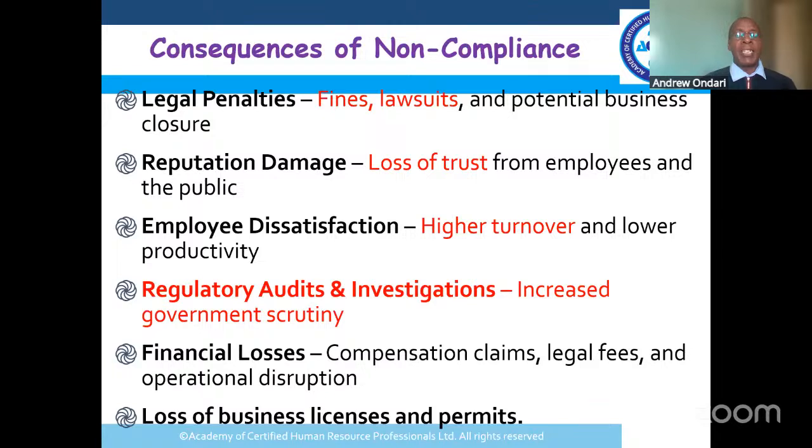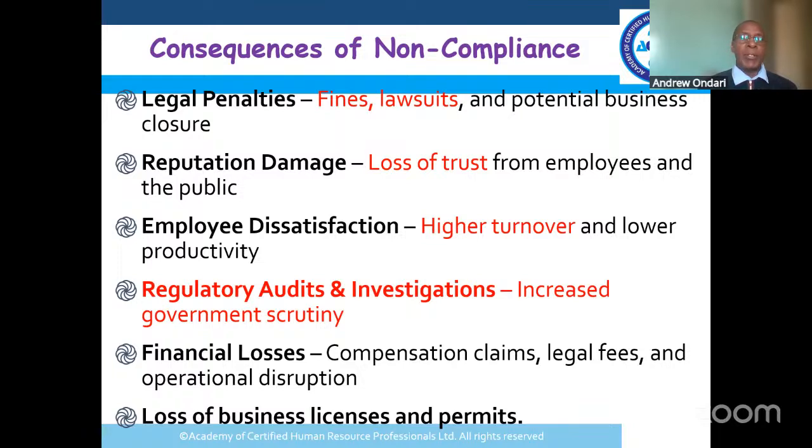For example, in the Data Act, if an employer is found guilty of contravening the Data Act, they are liable to 1 million shillings or even more. In other jurisdictions, it's over 20 million. So fines are expensive. We want to avoid those consequences by ensuring that we comply.